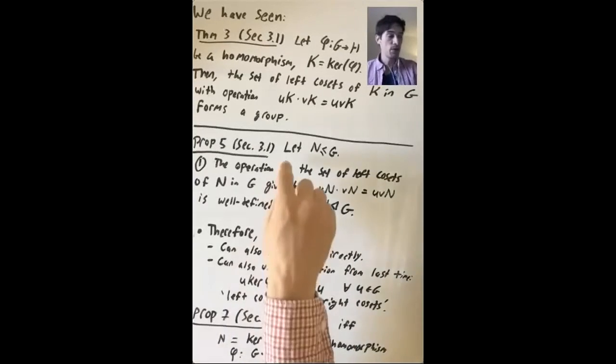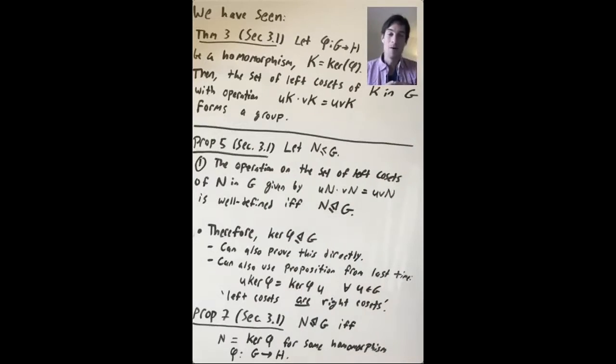Okay, so this proposition now puts us in this situation where we know that anytime we have a normal subgroup, we can define a quotient group. And we know that one way to get a normal subgroup is to take the kernel of any homomorphism. The proposition I want to start with says that that's it, that the only way to get a normal subgroup is by taking the kernel of some homomorphism.